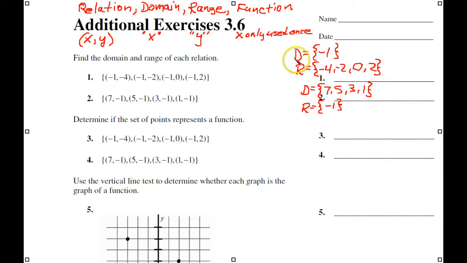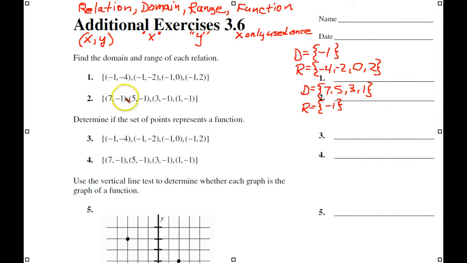So the domain of this set of relations is -1. Now the range would be the y elements. So -4, -2, 0, 2. And you can put them just in the order they come.